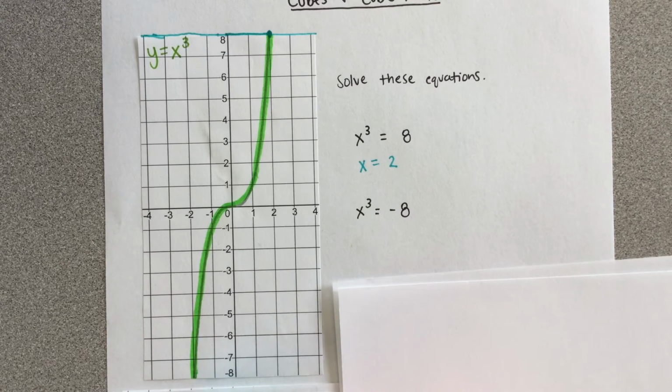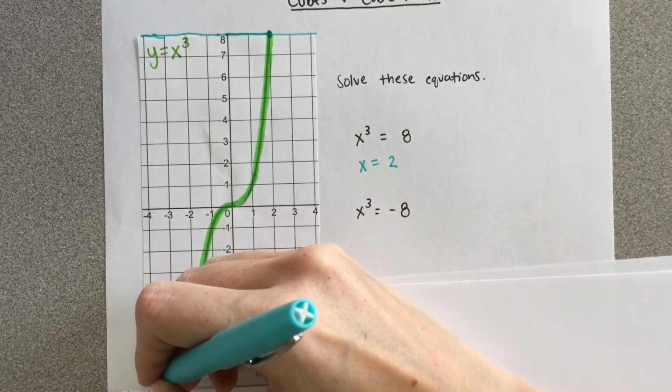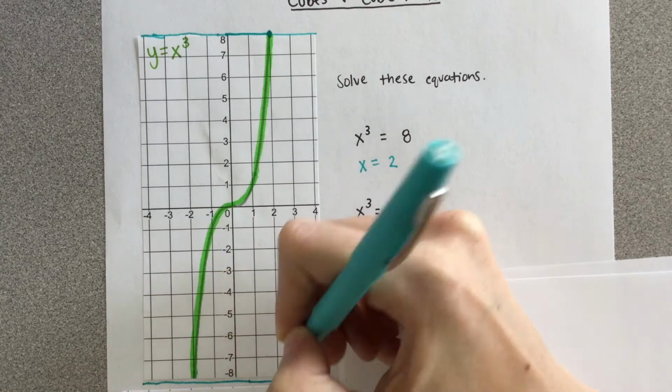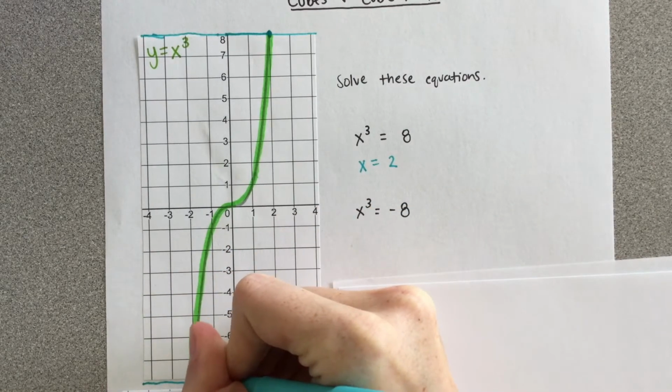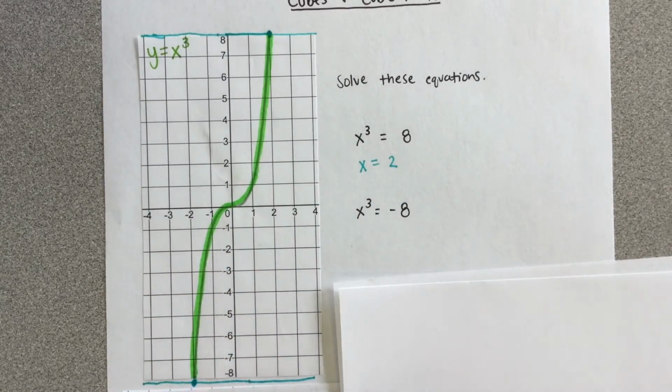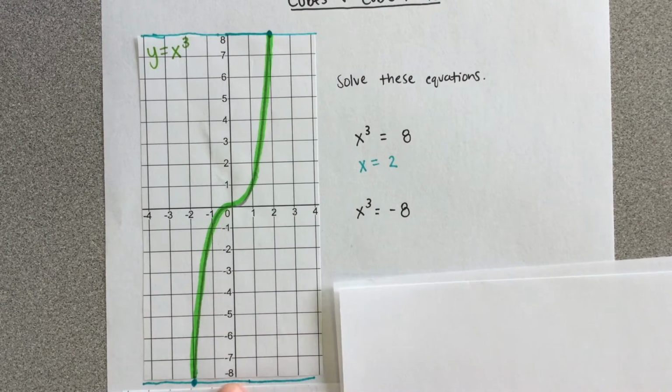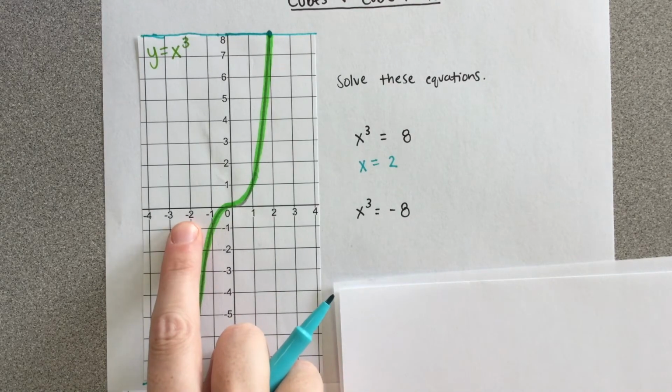This is continuing down this direction. So if I draw a line down here at where negative 8 would be if I hadn't cut it off, then our graph has one point right there. So there is one solution to this equation. When y is negative 8, the x value is negative 2.